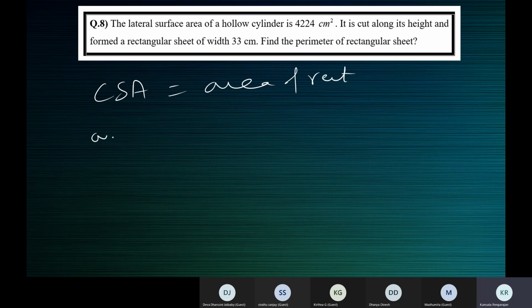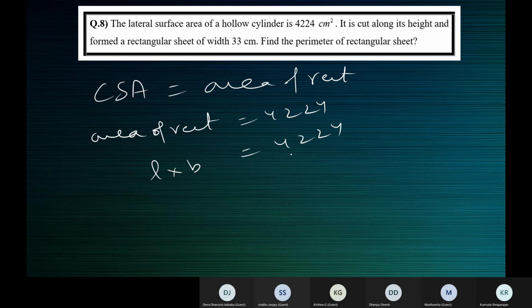So that means the area of the rectangle is how much? Area of rectangle is 4224. That means L into B is equal to 4224. So L into 33 is equal to 4224. Work this out and find the length: L is equal to 4224 divided by 33.